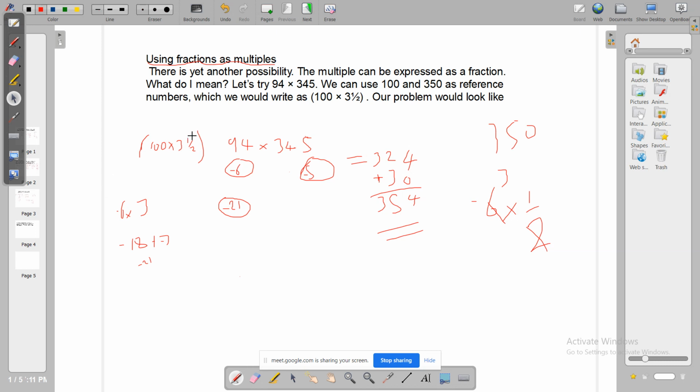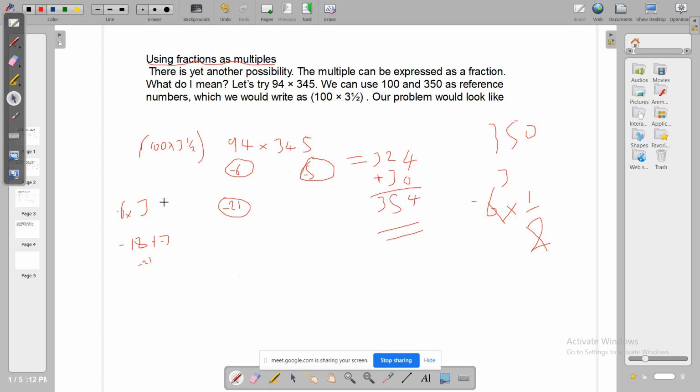We are multiplying minus 6 times 3 whole number 1 over 2. So first I take the 6 and multiply by the 3. 6 times 3 is 18, but there's a negative here, so minus 18. Then I take the 6 again and multiply by the half, which gives me minus 3. So I add minus 18 plus minus 3, which is minus 21.